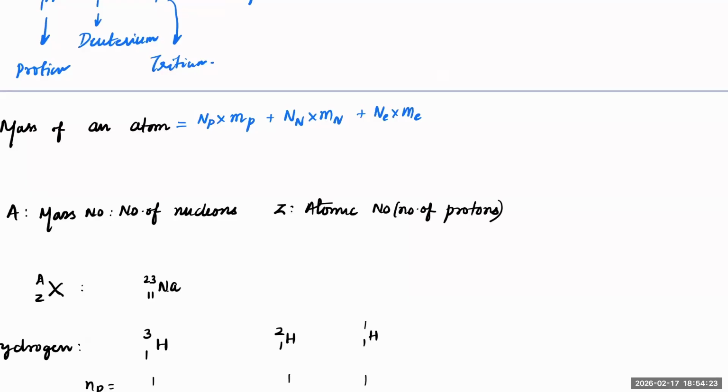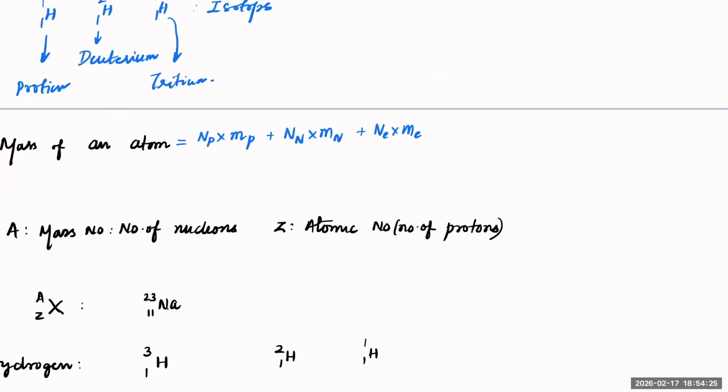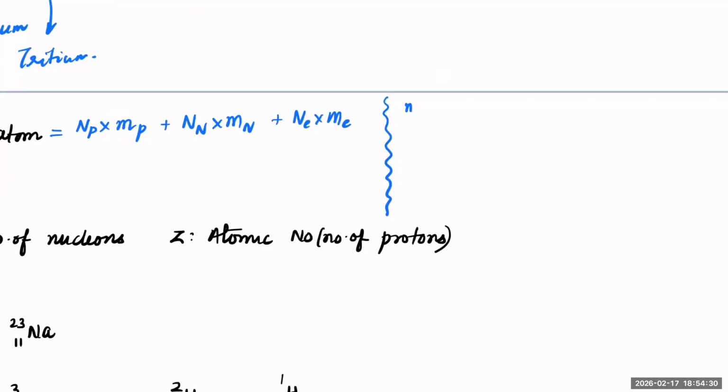Now, what has been noticed using spectrographic analysis, we learned that the mass of a proton is approximately 1.66 into 10 raised to power of minus 24 grams, while mass of neutron is approximately 1.667 into 10 raised to power of minus 24 grams, while mass of electron is 9.1 into 10 raised to power of minus 27 grams.